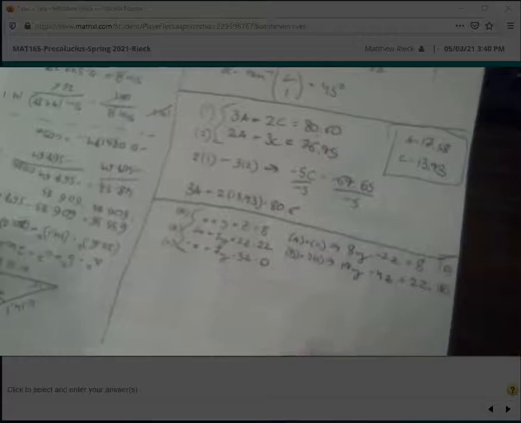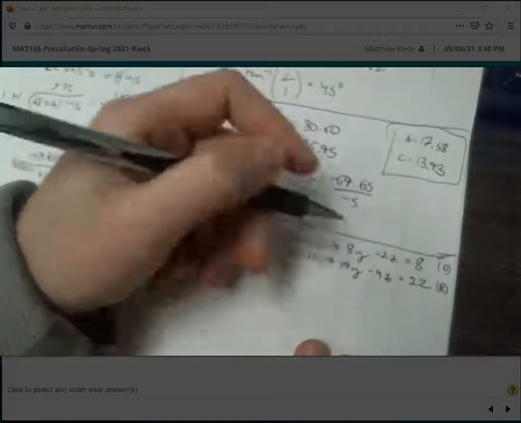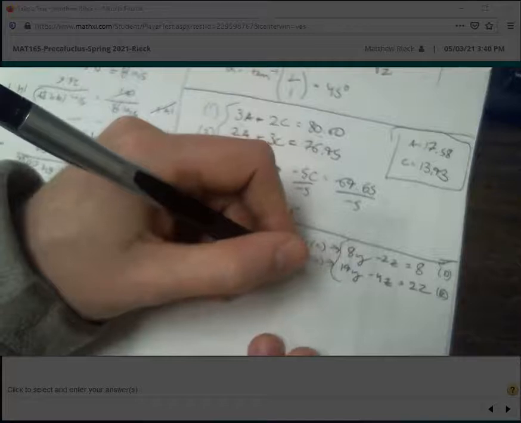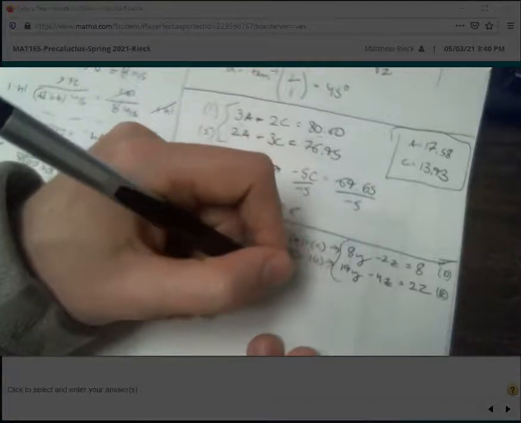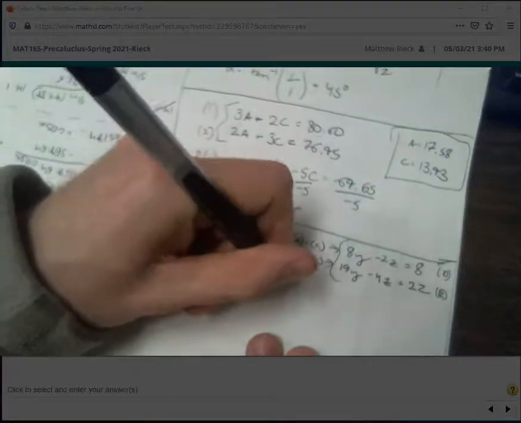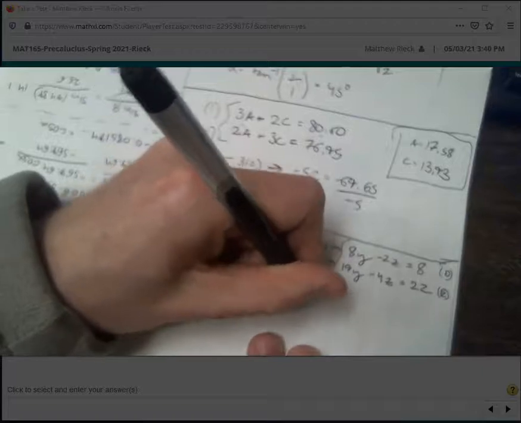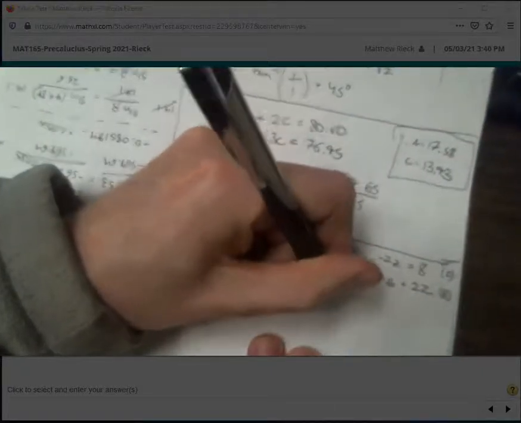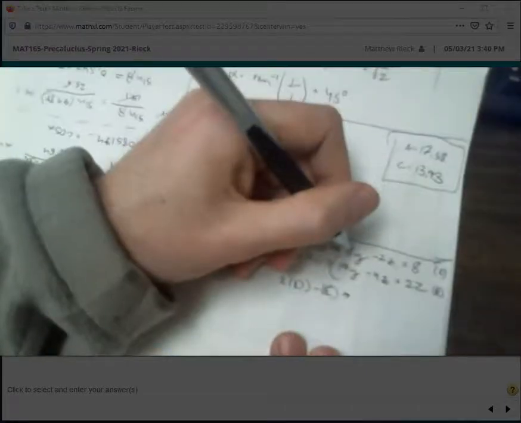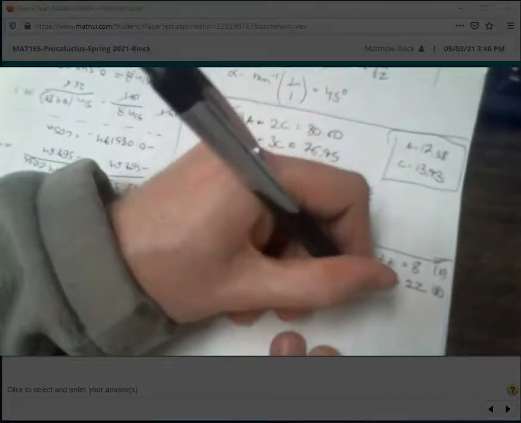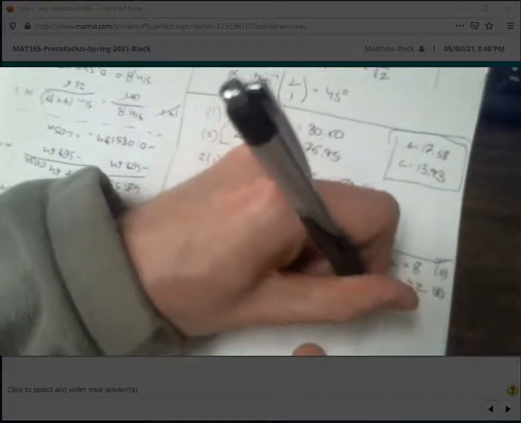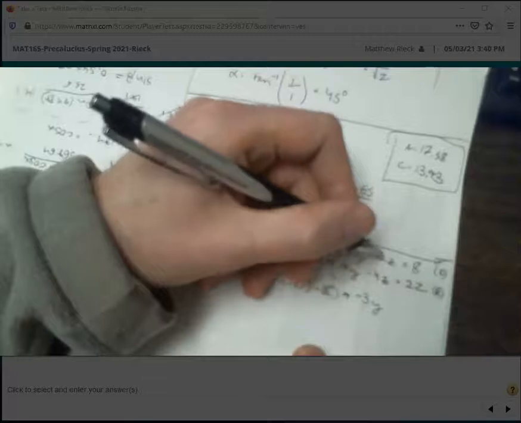Now we have a system of 2 equations, so we can eliminate from these two equations. To do that, I can take 2 times equation D and subtract equation E. So 2 times 8 is 16 minus 19 is going to be negative 3y.